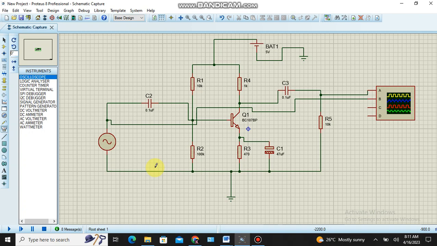Such performance happens only in a certain range of frequency. That range of frequency is called the bandwidth of the amplifier. The amplifier produces almost maximum gain in a certain range of frequency. Beyond that, either in the lower sideband or the upper sideband, the amplifier will give a distorted signal.